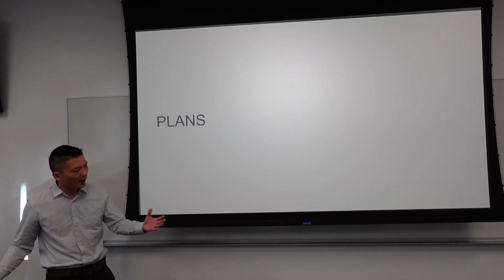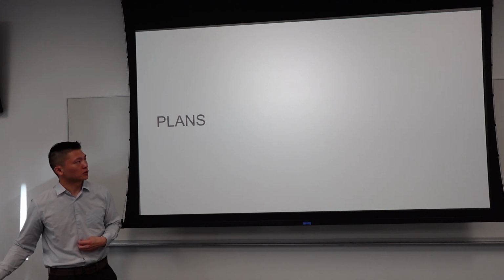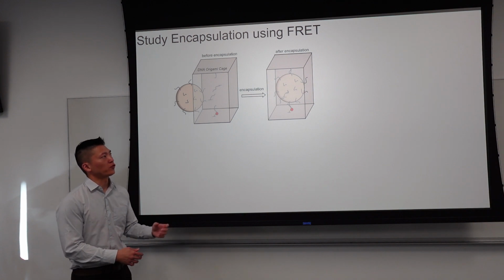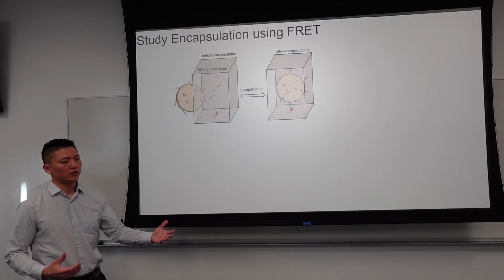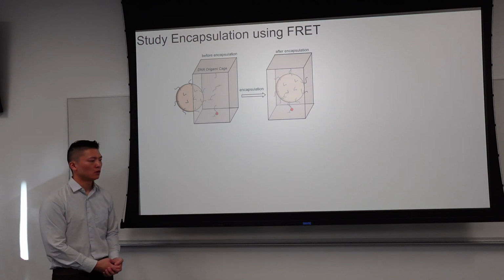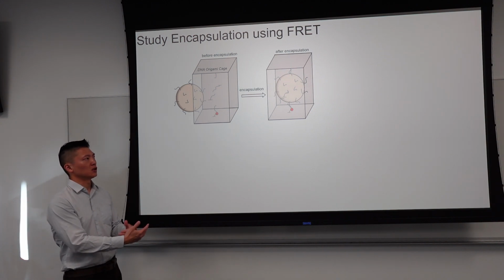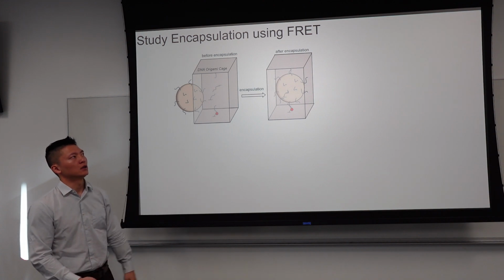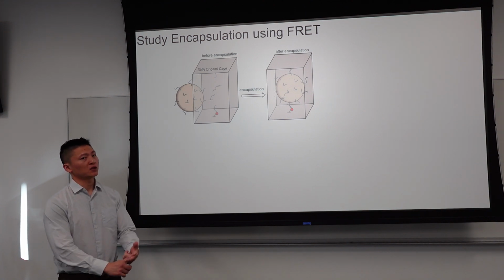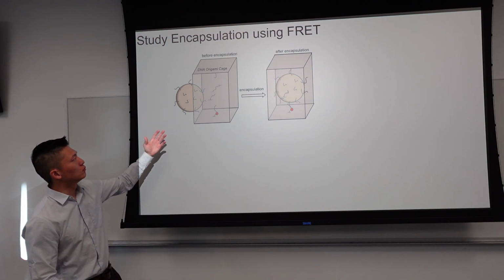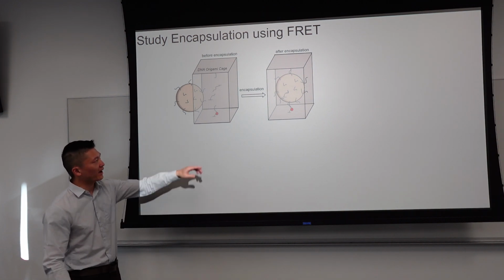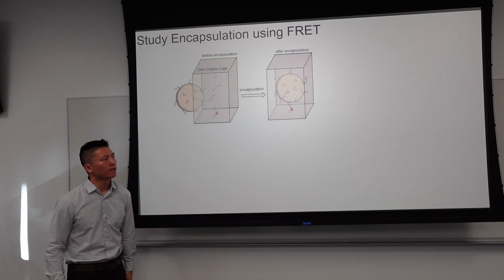Anyways, so I have plans. My work is going to be trying to use FRET to study this, because it's a more efficient way to determine an optimization condition, because this process of using FRET is real time and in situ. So the plan would be to tag one of the capture strands with the dye.